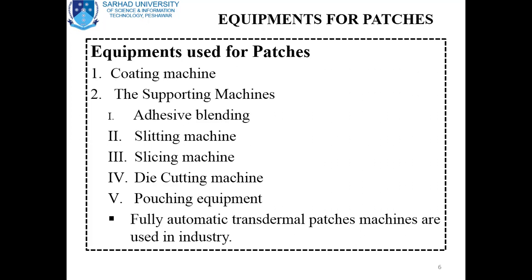Remember that we can say that it consists of the supporting machines as well as the coating machine, and the further parts of the supporting machines are adhesive blending, slitting machine, slicing machine, die cutting machine, as well as the pouching equipment.